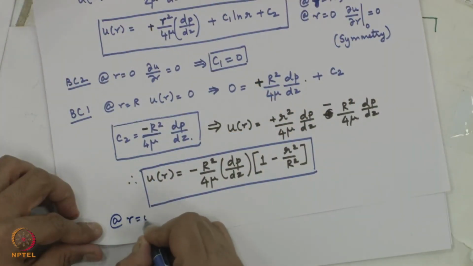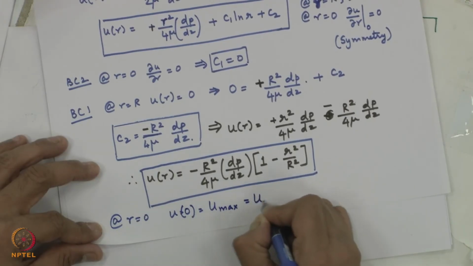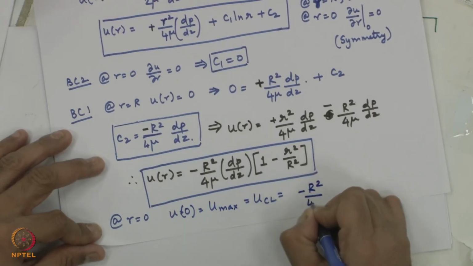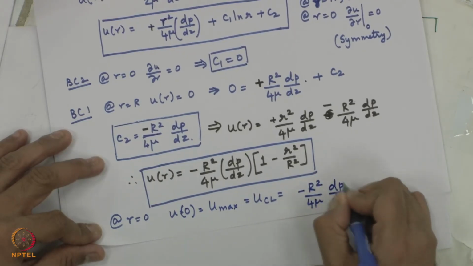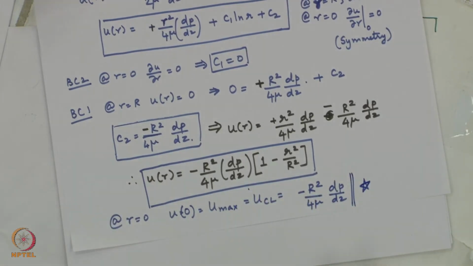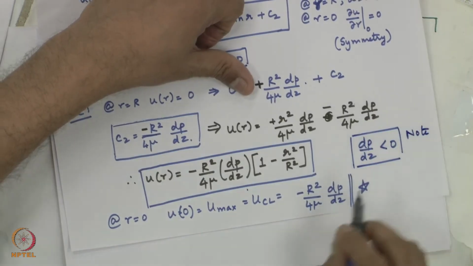So, if I substitute r equal to 0, u of 0 is u max, center line velocity, which gives minus capital R squared by 4 mu dp by dz. Note that dp by dz is always negative, pressure decreases in the flow direction. Therefore, this term is always positive because R squared by 4 mu has a minus sign in front of it. This bracket is always positive, dp by dz is always negative, u of r is always positive.